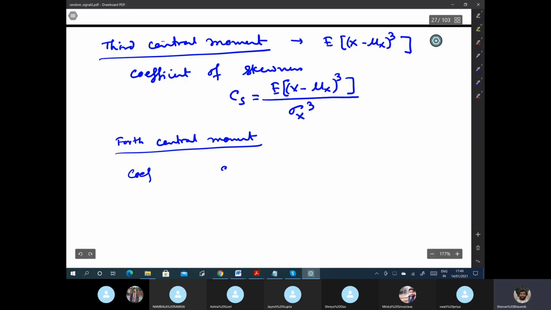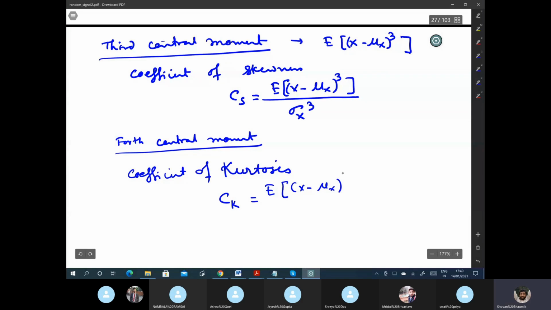So the coefficient of kurtosis, C_K, is E of x minus mu x to the power 4 divided by sigma to the power 4.